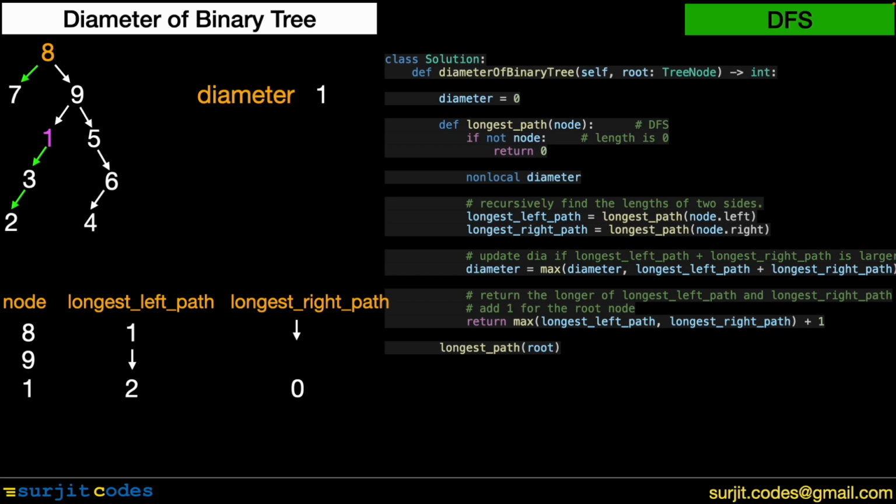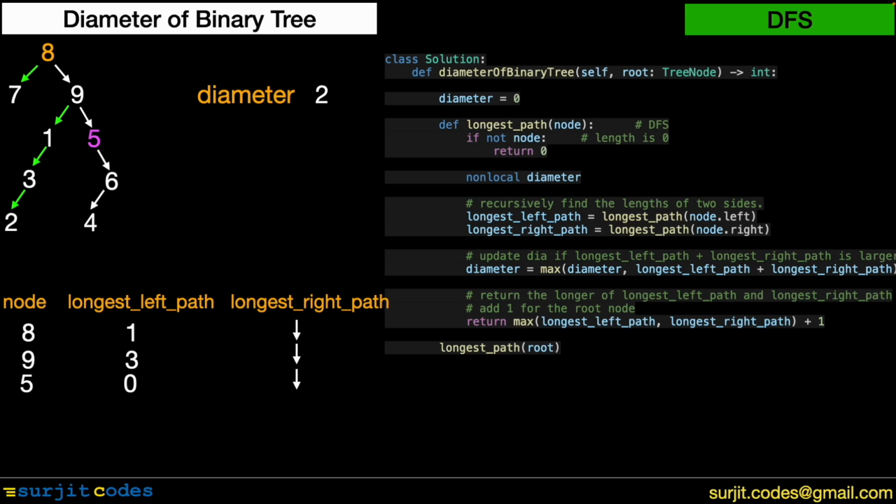Right node of 1 is none, so its longest right path is 0. Sum of 2 and 0 is more than diameter, so new value of diameter becomes 2 and we return 3, which is stored in longest left path of 9. Right node of 9 is 5, which becomes node in the next call.